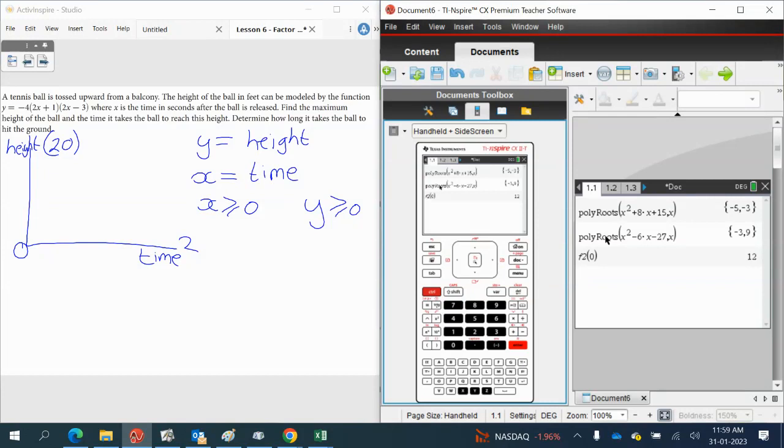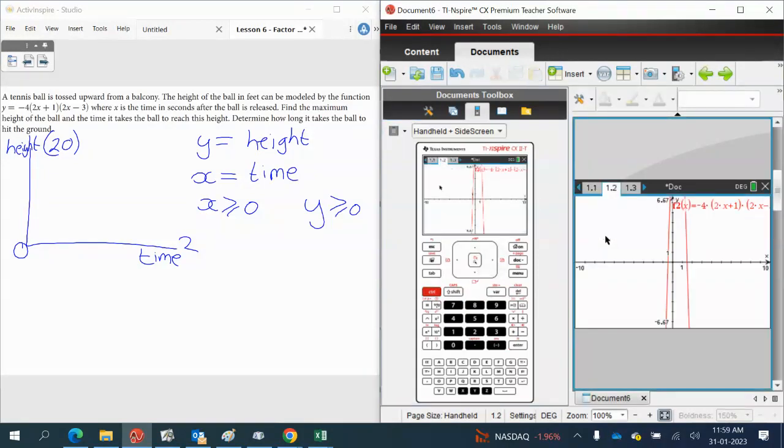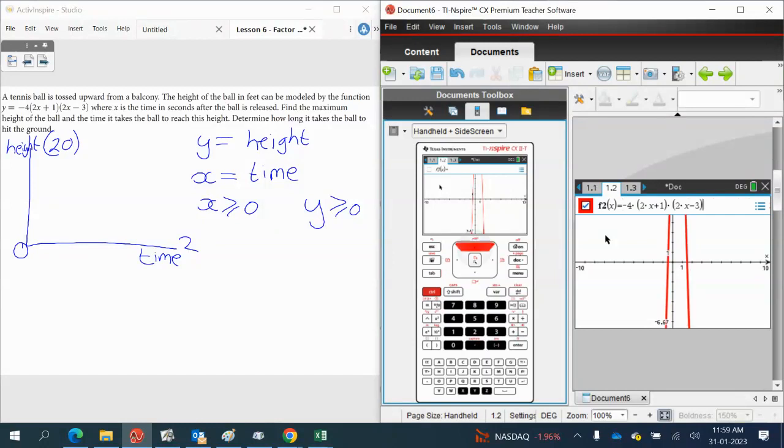The function that we just entered says F2 because I've used my calculator earlier today, and I've already made an F1. It was the same function with the class I just had. Why do you put 0? Because the y-intercept occurs when x equals 0.